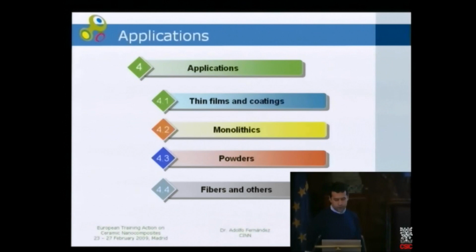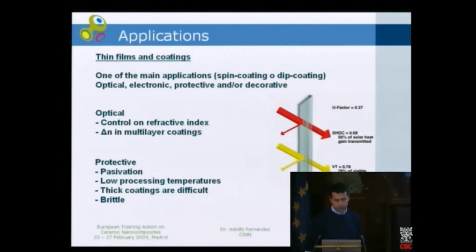And finally, I'm going to give you only several real applications of this method in industrial products. For example, thin films and coatings are one of the main applications of this method. And these coatings can be obtained by spin coating or dip coating, depending on the experimental procedure.